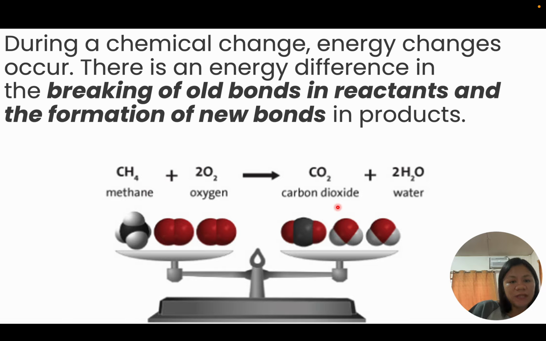We're going to get carbon dioxide and water. So as you can see, there is an energy difference in the breaking of bonds in the reactant, which results in new bonds. So there's a redistribution of atoms from the reactant to the product.